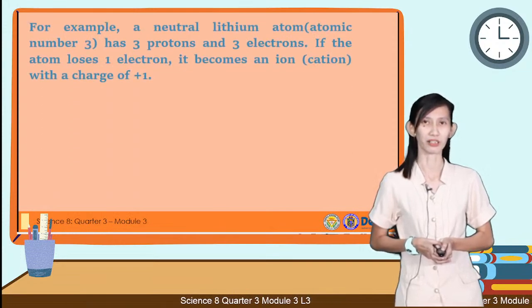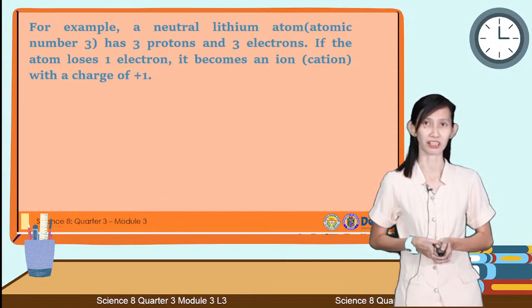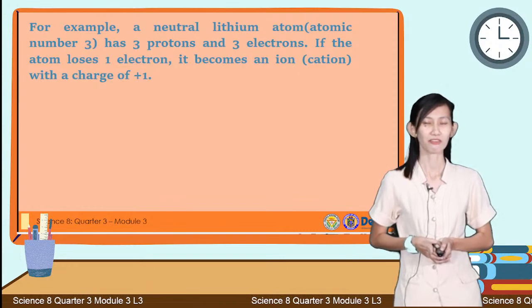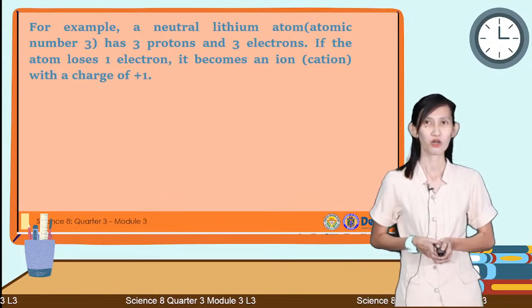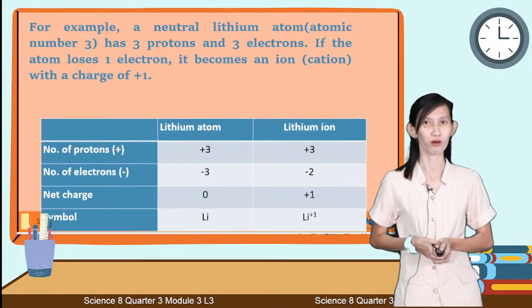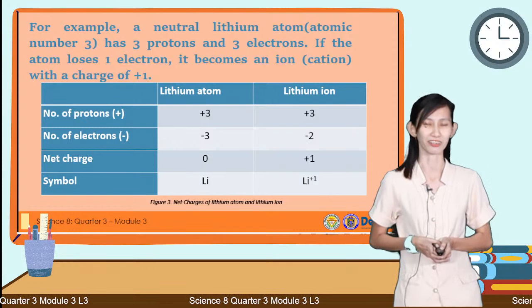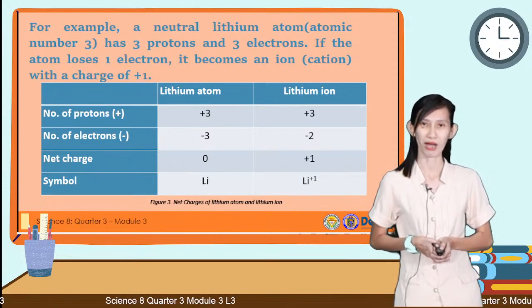For example, a neutral lithium atom has an atomic number of 3, so it has 3 protons and 3 electrons. If the atom loses 1 electron, it becomes an ion, or cation, with a charge of positive 1. We have here the net charges of the lithium atom and lithium ion. For the number of protons, they are both positive 3.